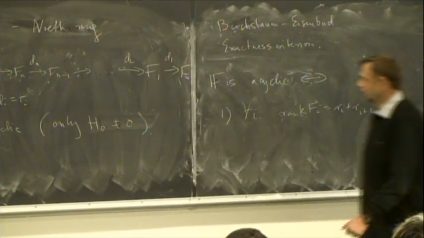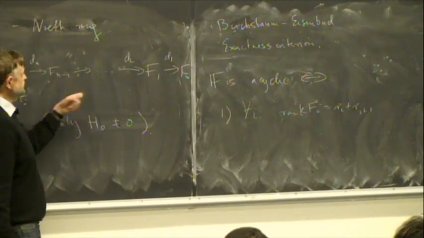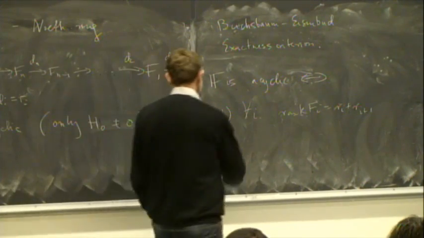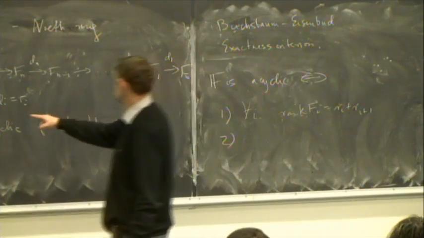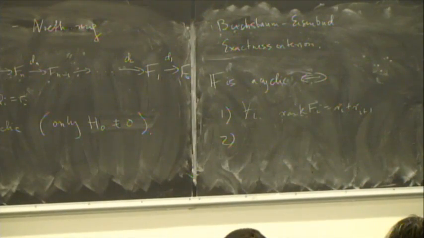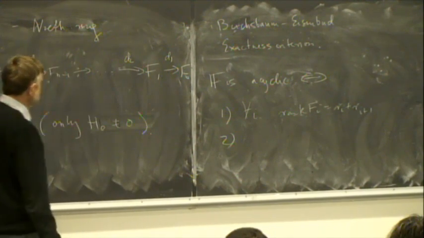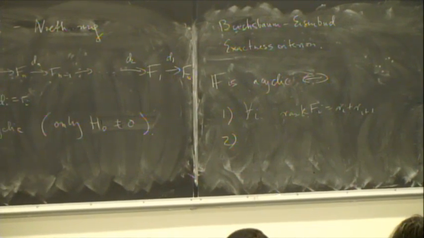Obviously, a complex of vector spaces would be exact in that spot if the rank of this map plus the rank of this map is the dimension of that space. And the second is something like this. First of all, I define the rank of a map in the following way. If I fix bases in my F_i's, then each d_i is just a matrix of elements in the ring.